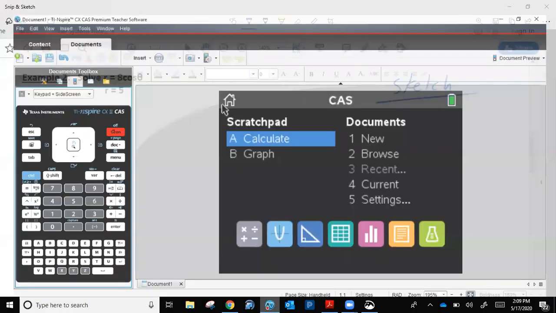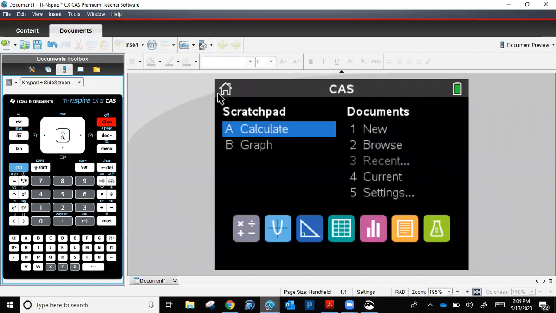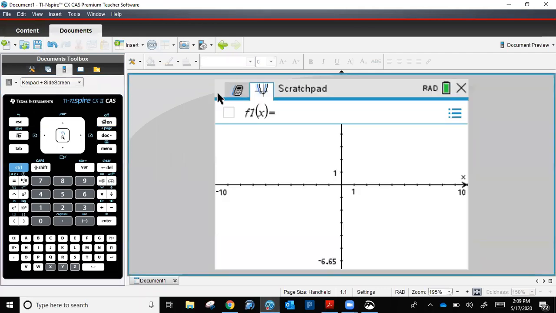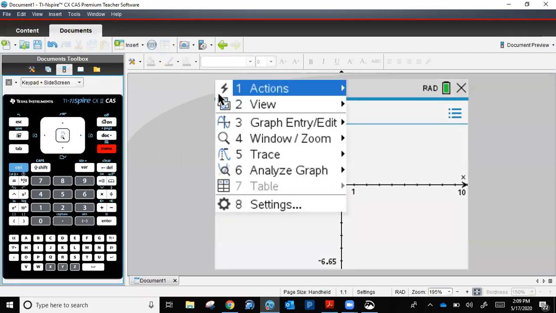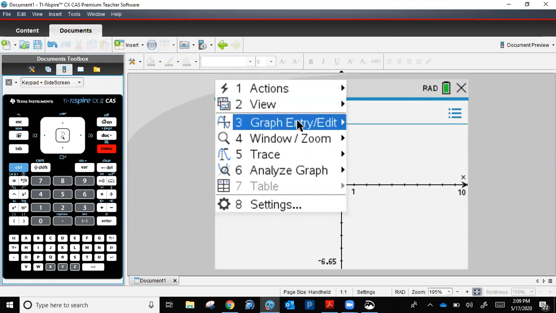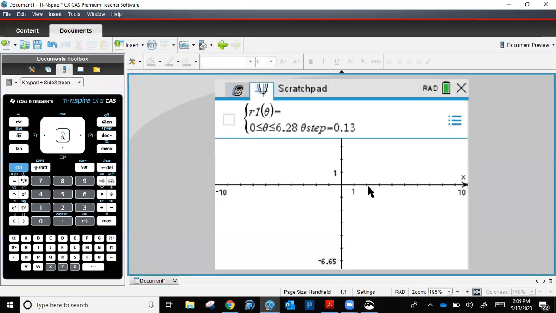With my calculator, or on Desmos, which is always a possibility that we went over last week. If you're using your calculator, make sure we put this in polar mode. So graph entry, polar. Your graph has to be in radian mode, by the way, for this to work.